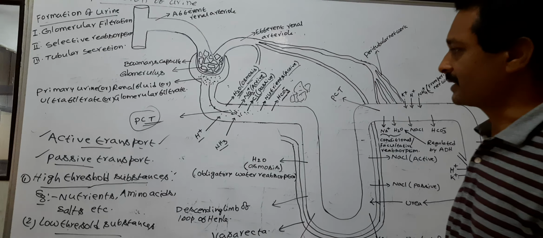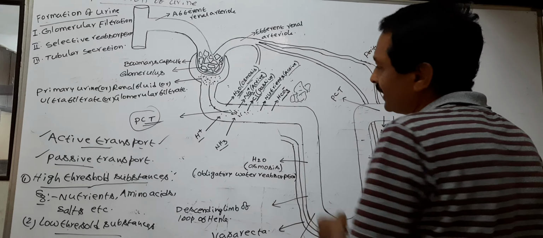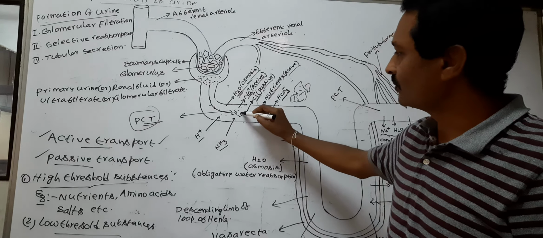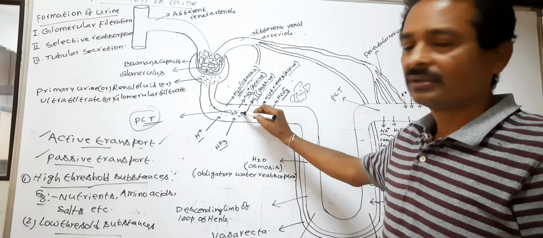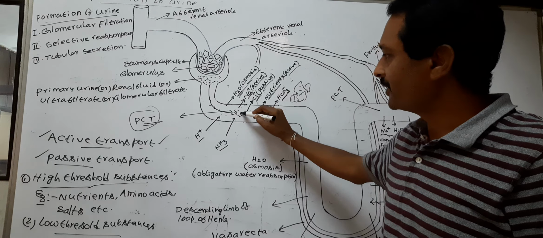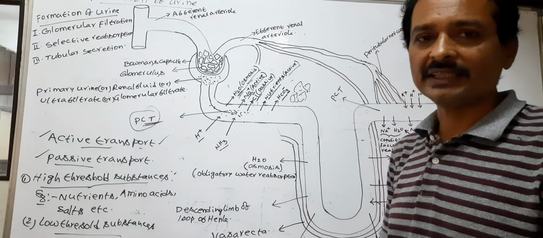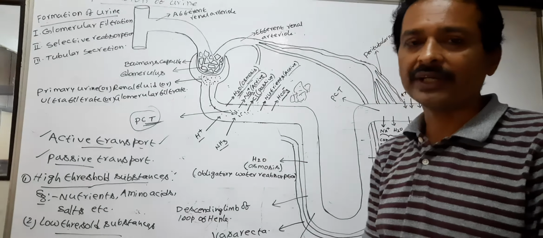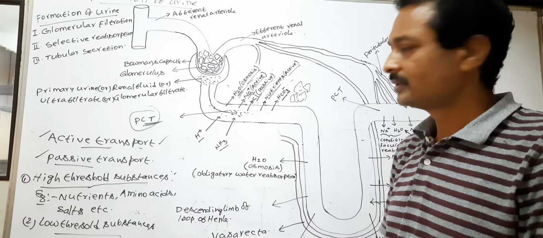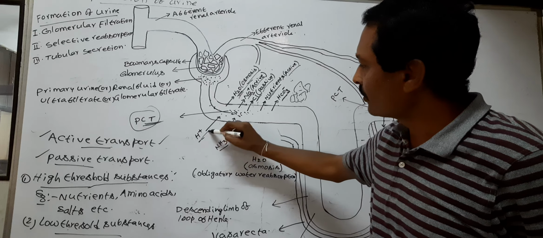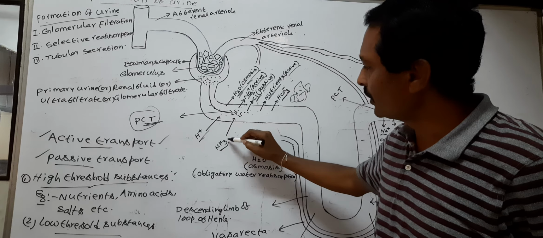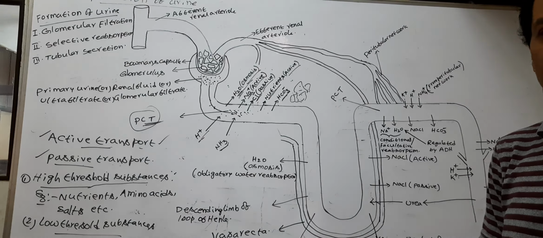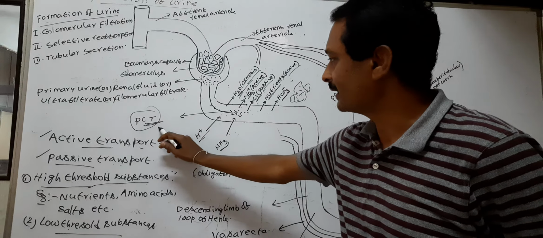Next, some of the ions are secreted into primary urine of the PCT from cortical fluid. Hydrogen ions and ammonium are secreted into primary urine of the PCT.